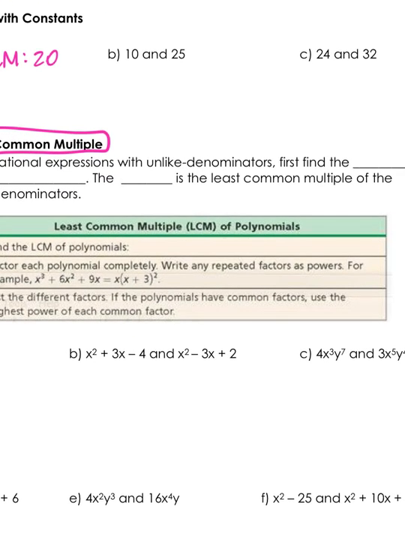I'm going to do that each time. So I'm going to start off just listing a couple of numbers. You can go as high as you think you might need to. In this case, I'm going to go to 50 just because I know that for 25, the first time that it ends in a 0 is going to be 50. So I had to go a little bit further with my first column. But that told me that my least common multiple was 50.